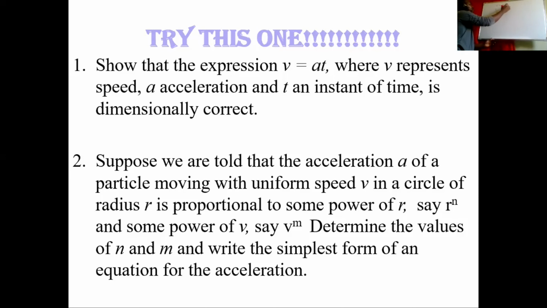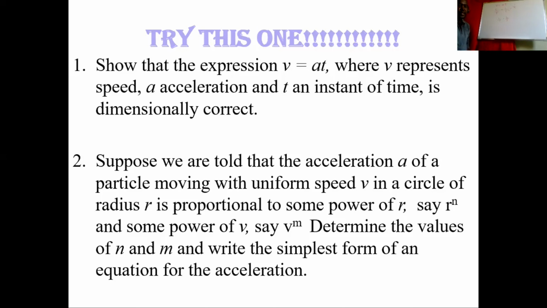So that's for a, and then it's multiplied by T, which is a capital T. So we notice we can cancel this T and one of this T. So we are left with L over T. So we see that this equation is dimensionally correct, because both left and right are equal.